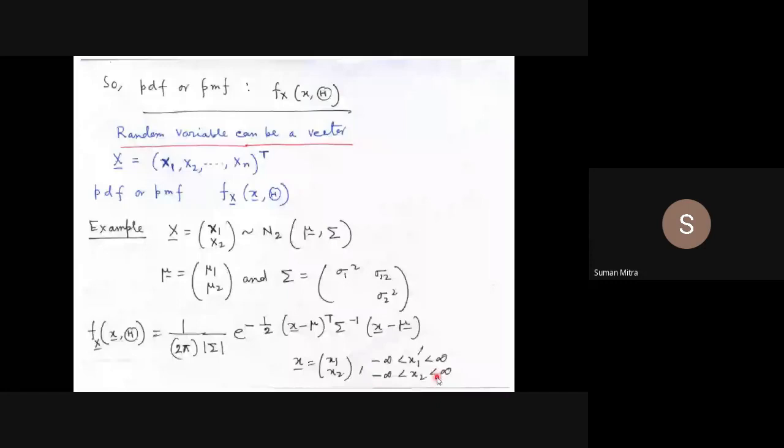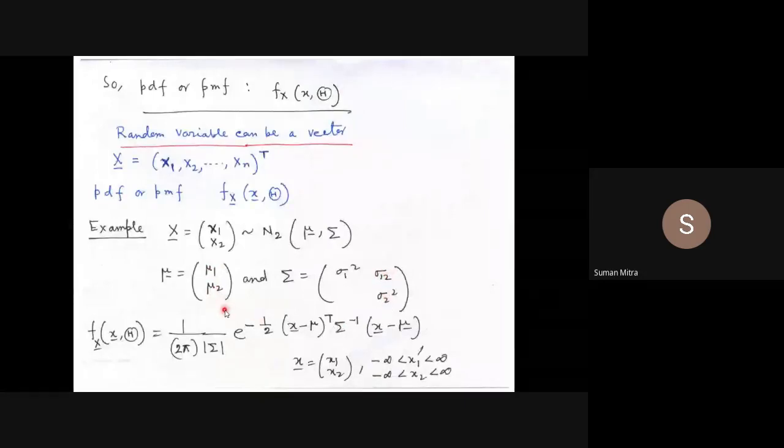So what are the parameters set here? Parameter set of this distribution is this one. So how many parameters are there? 1, 2, 3, 4, 5. So there are 5 parameters over there.